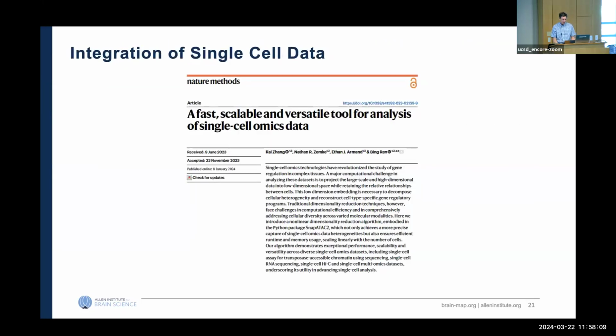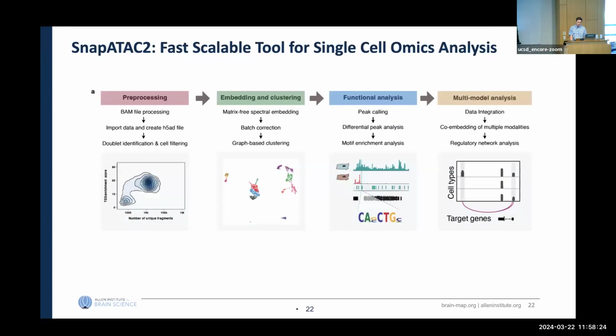And finally, using similar types of methods, Bing Ren and his group here have produced a big Python package for computing this sort of thing. This is a spectral type of approach, using Laplacians and graph embeddings.